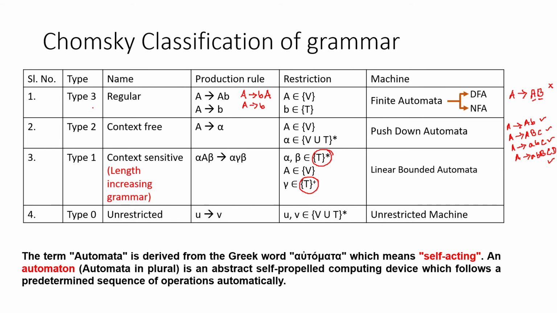You will see that regular grammar is what we call the most restricted grammar, right? Most restricted. And this restriction is loosened down in context free. It is much more loosened down in context sensitive. And it is totally loosened down in case of unrestricted grammar. That's why the name here, unrestricted.